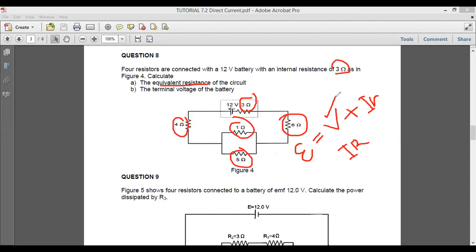By using Ohm's law, we need to calculate the total R and I in your circuit, and then find it with the external resistance in your circuit. So if you have an internal resistance, you need to consider it in your calculation, and you need to use this formula.